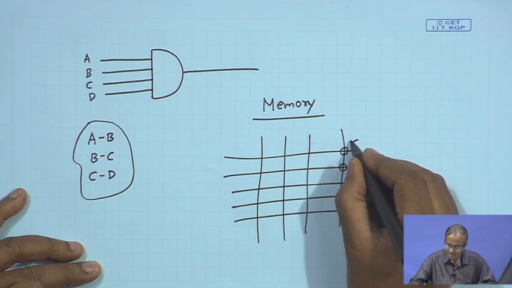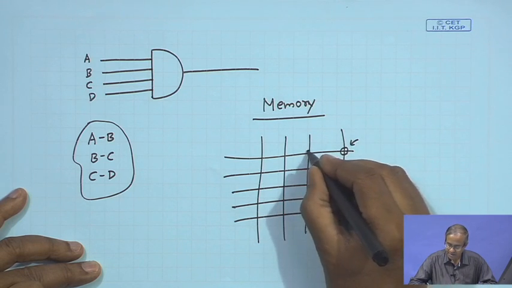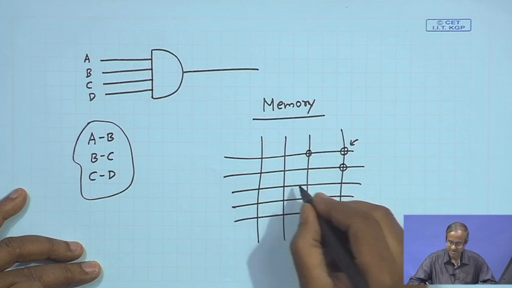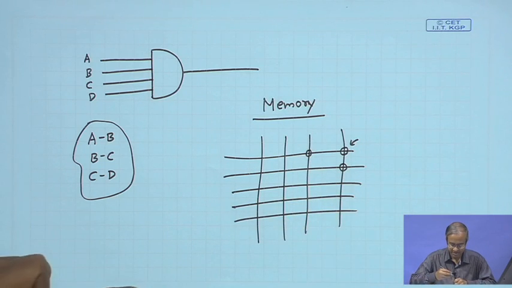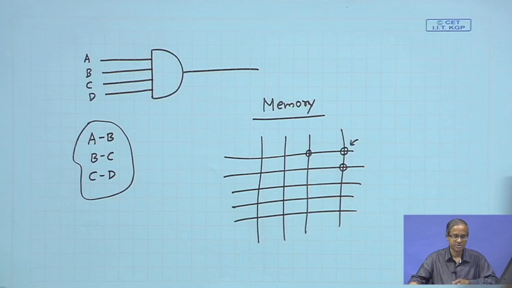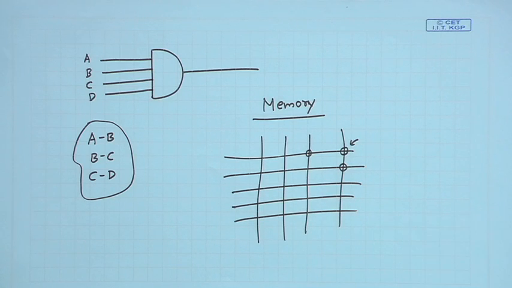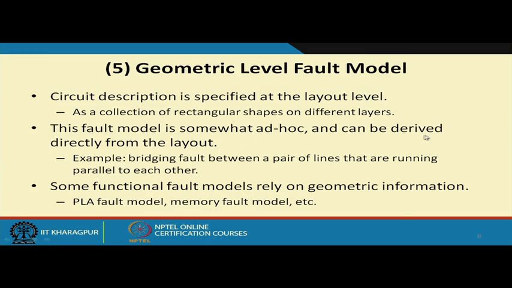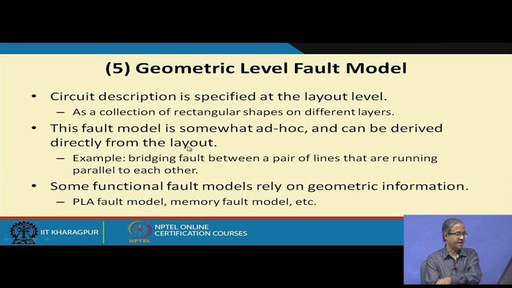You write something here and check whether the neighboring cells are getting affected, not the others, right. These are all examples of geometric fault models. These fault models can be derived directly from the layout. As I said, the memory fault models and also fault models for programmable logic arrays, these are some regular structures. These are all examples of this.